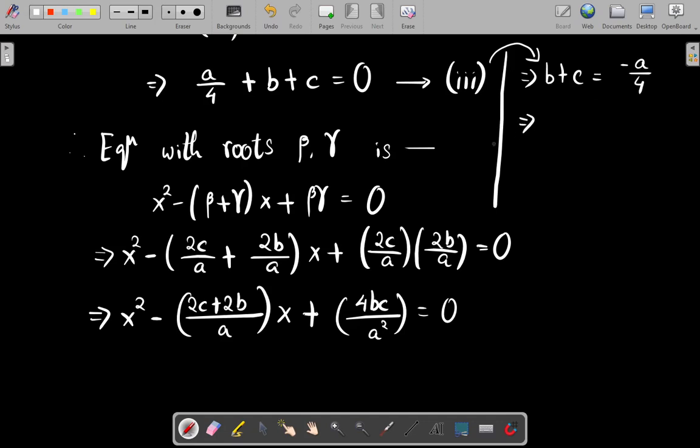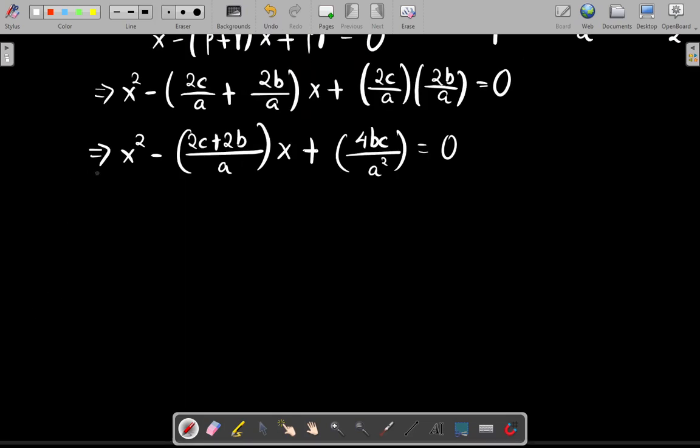If I multiply both sides by 2, this will become 2b plus 2c equal to minus 2a upon 4, which becomes minus a upon 2. So I have 2b plus 2c, and I will divide both sides by a. So 2b plus 2c upon a will be equal to, the a will cancel out, minus half. So I can use this value here.